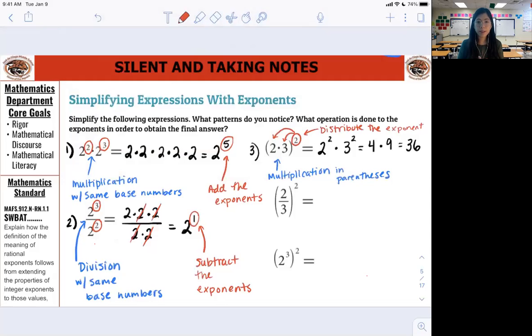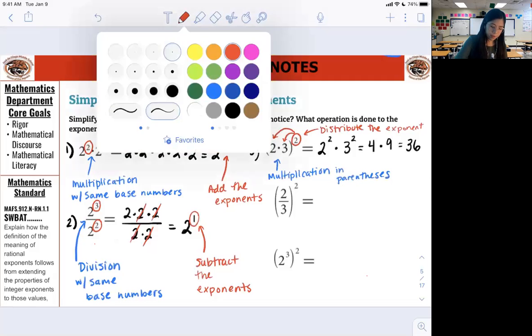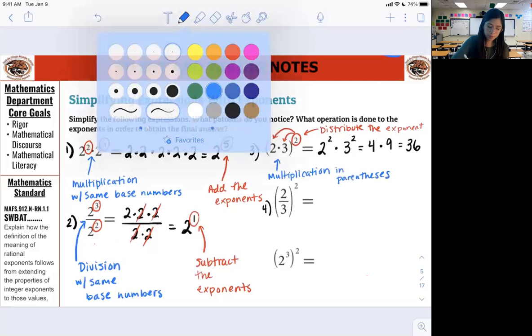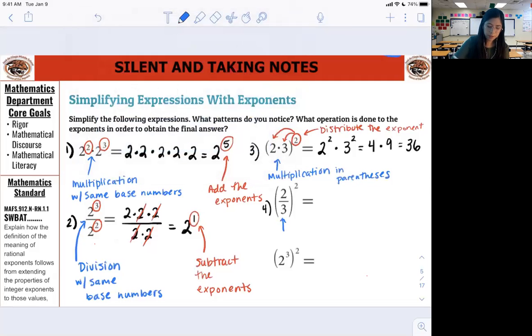Well, the same thing kind of happens in the fourth example. In the fourth example, I have not multiplication. What do I have here? It's a fraction, but a fraction is really what type of operation? So I'm doing 2 over 3, that's the same as division.